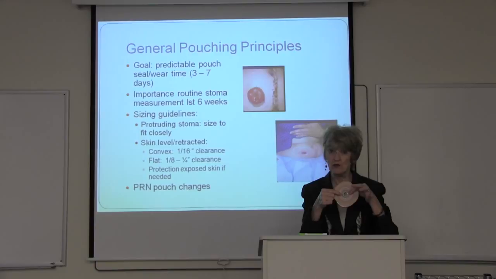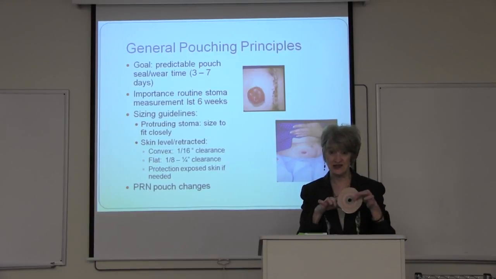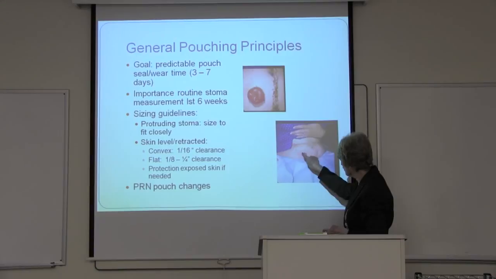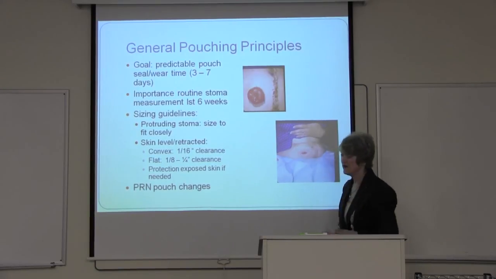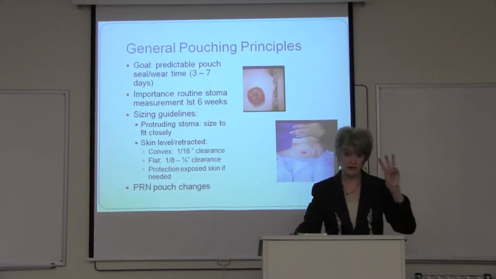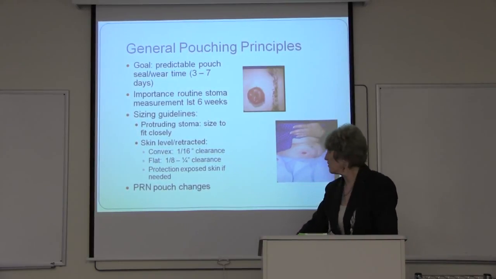You might need a little bit more to assure that you have a nice, secure seal and to minimize the risk of undermining. That will leave exposed skin right around the stoma. If it's a fecal stoma, you'll use a flat layer of paste. If it's a urinary stoma, you'll use the sealant. Those are broad principles, and we'll talk more on site.